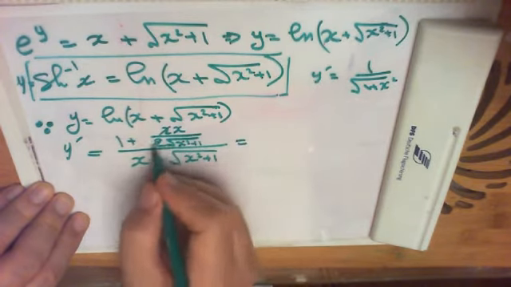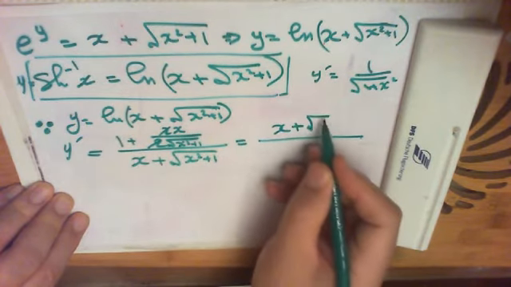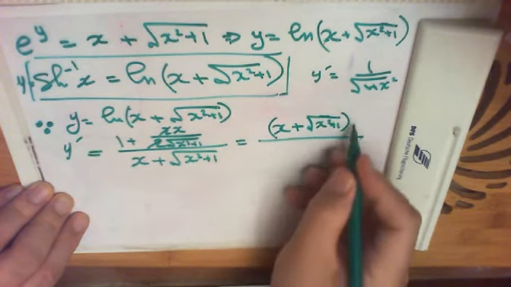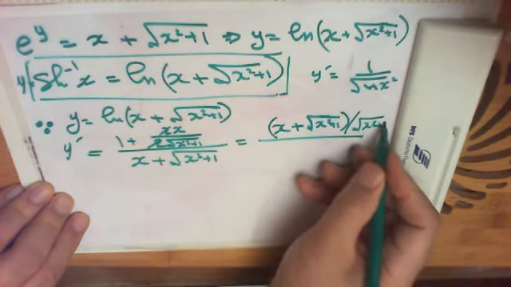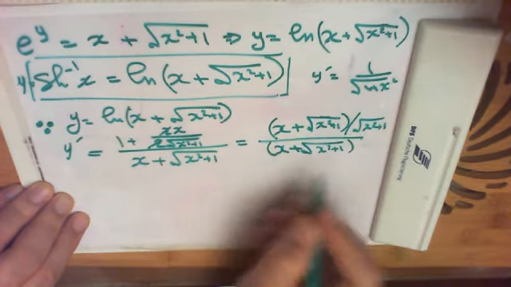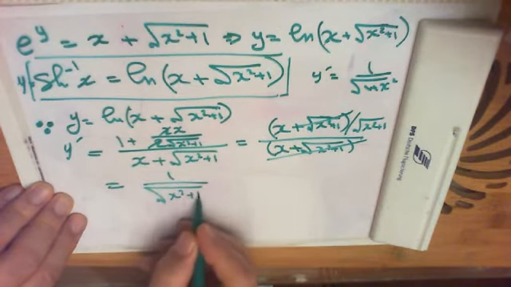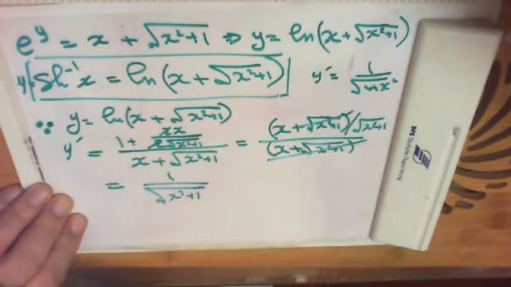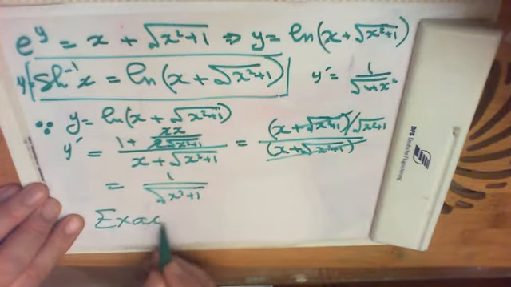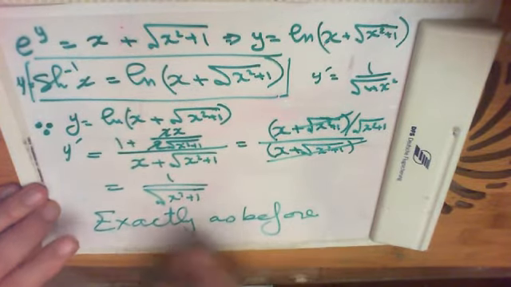Simplify please, 2 with 2, and x plus root of x squared plus 1 divided by the root, over x plus root of x squared plus 1. This cancels this, and the remaining is what we have already had before. Exactly as before. Okay.